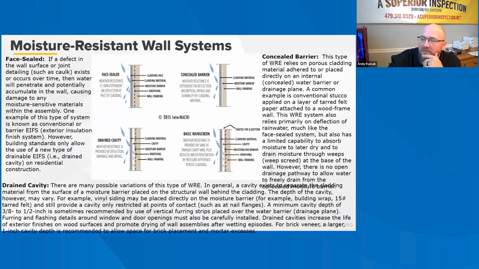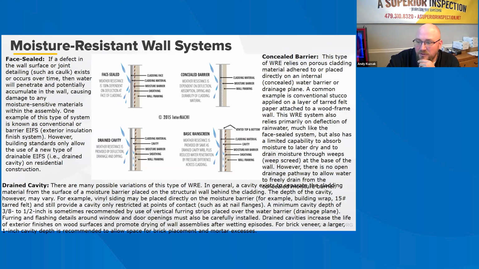Also, the cavity between the cladding and the water air barrier must be compartmentalized by use of airtight blocking or furring at corners of the building as a minimum practice. This feature prevents pressure differences on different surfaces of the building from communicating through a continuous cavity behind the cladding, which can cause unintended pressure differences across the cladding that drive rainwater through the cladding into the drainage cavity.